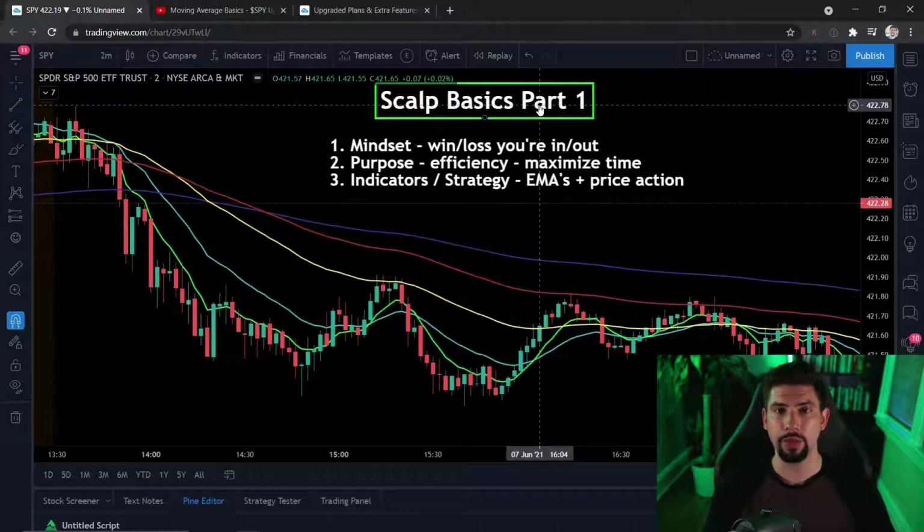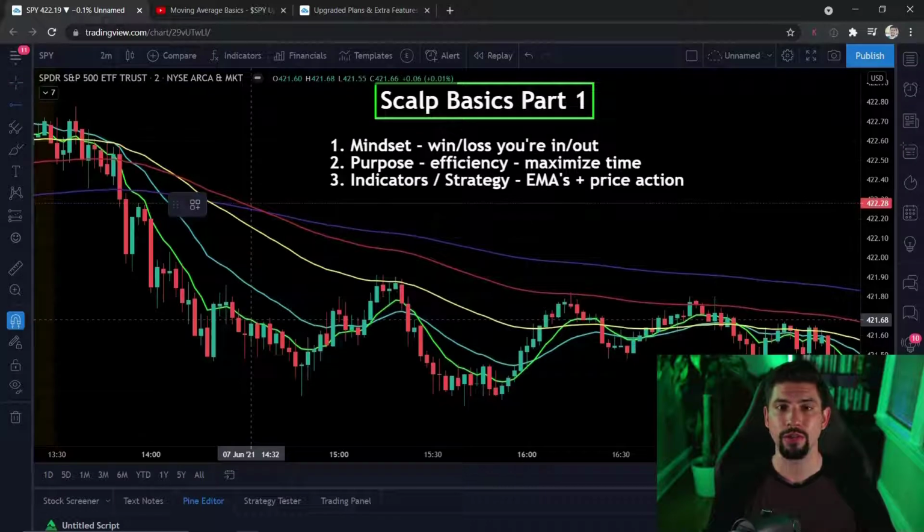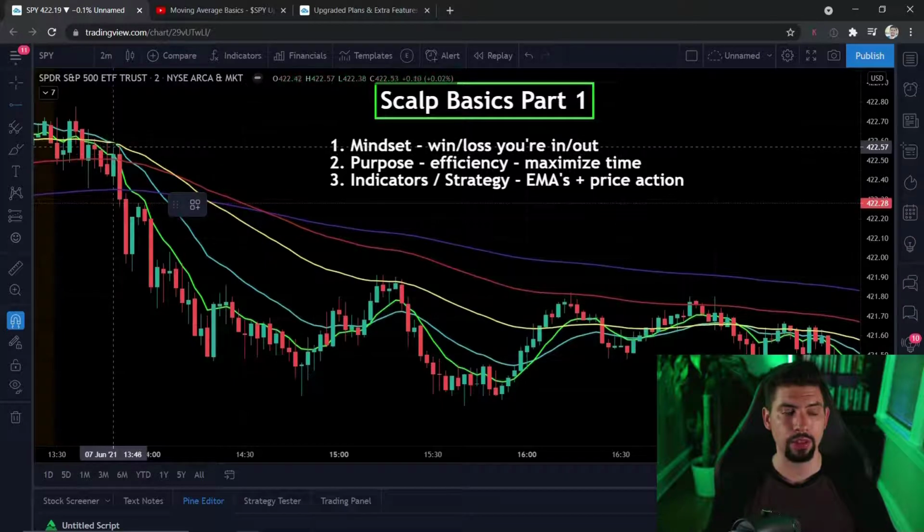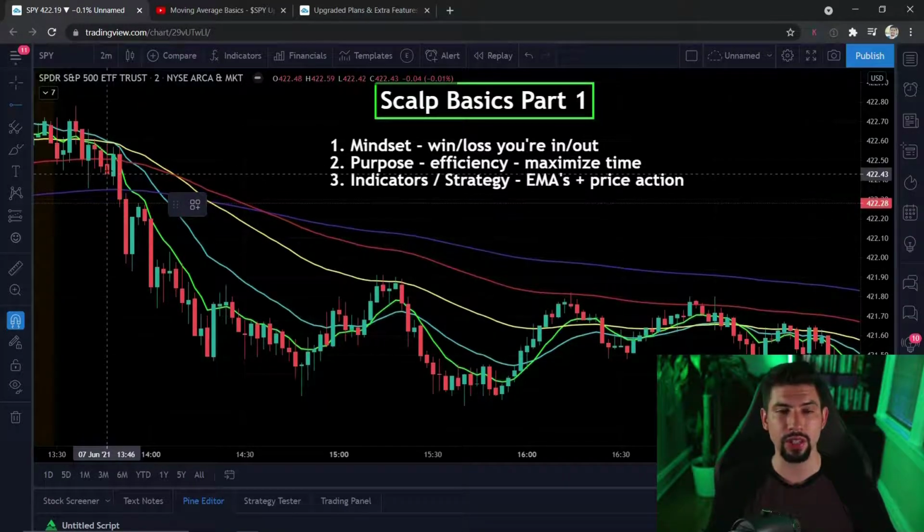Now, when you're scalping, what you're looking for are breaks above or below previous candle highs or lows. So in this example, if we're looking at SPY and we're bearish and we're looking for a put scalp, which is a bet that SPY is going to be going lower, what we're going to be looking at is the 8 EMA, the 21 EMA, and obviously the others as well.